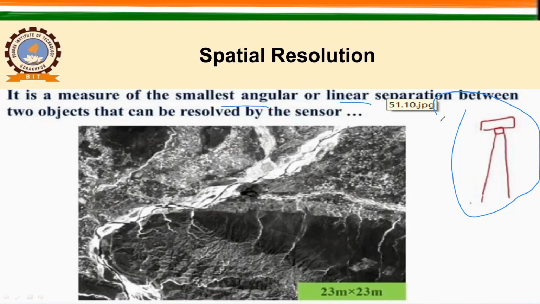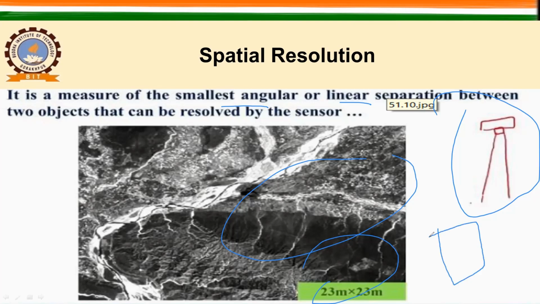If you look at this image, which has been generated through a space-borne sensor, the resolution is 23 meters by 23 meters. What does this mean? This means that one pixel of this particular image represents a 23 by 23 meter area on the ground.